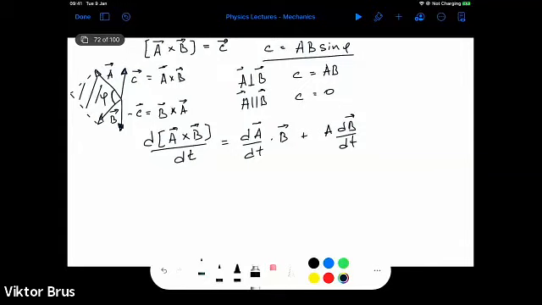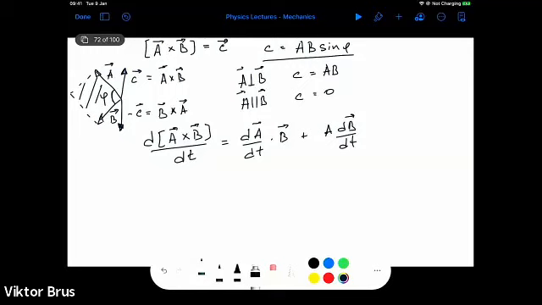Yeah, pretty much everything that is relevant. Of course, you can double check in the textbook for more detailed information about the cross product of two vectors, since it's an important concept which is used in physics quite often.